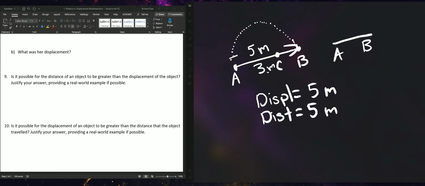This is also my distance traveled. We can't get any shorter than that. It has to be either the same or less. Your displacement has to be the same or less than your distance. Okay? Any problems? Just ask in class.